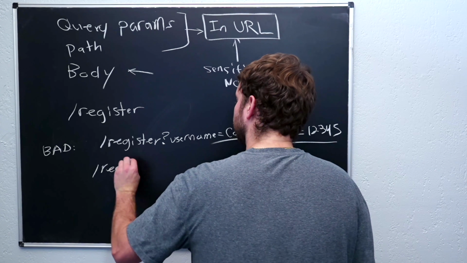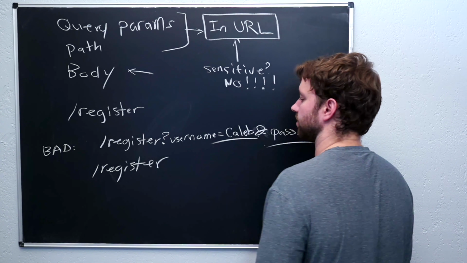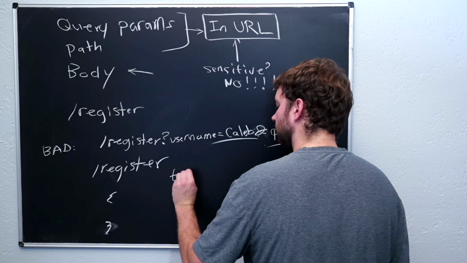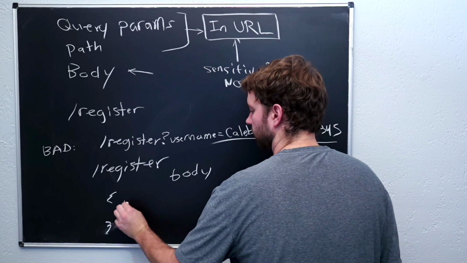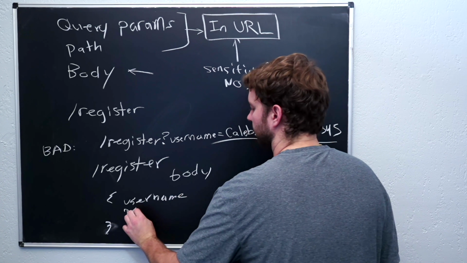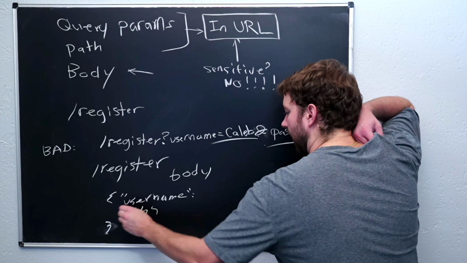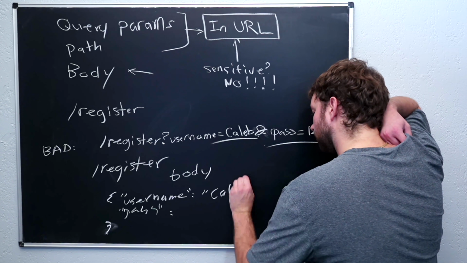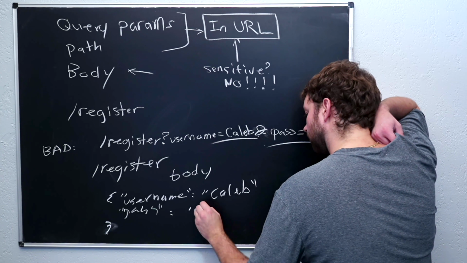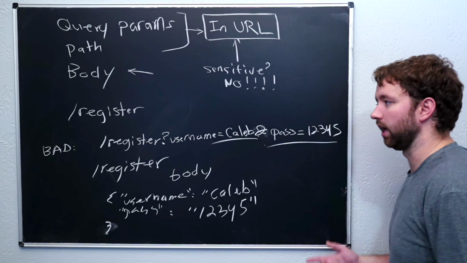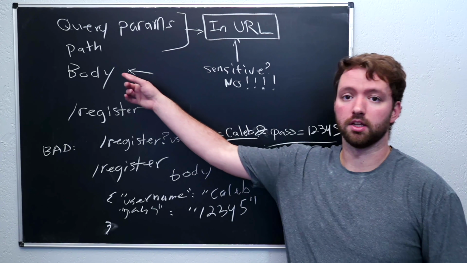This is bad. Instead, we should just have register, and then we'll have, as part of that request, a body, which will then have those attributes. So we'll have a username and a password. And that will be formatted in JSON, so it looks something like this. So this is the proper way to do it. Anything sensitive goes in the body.